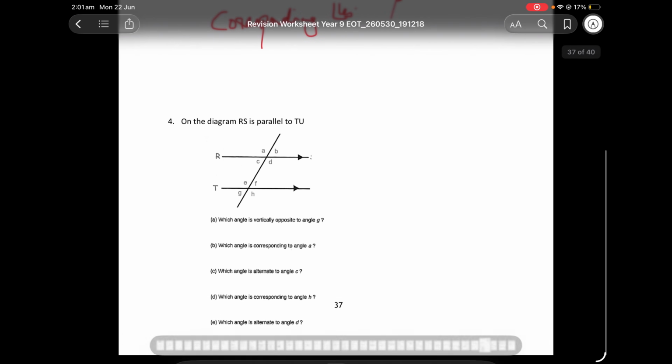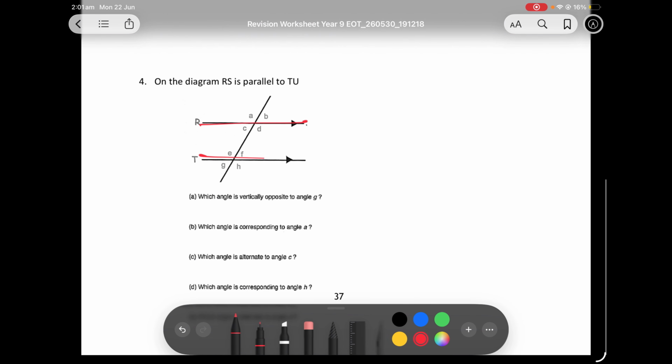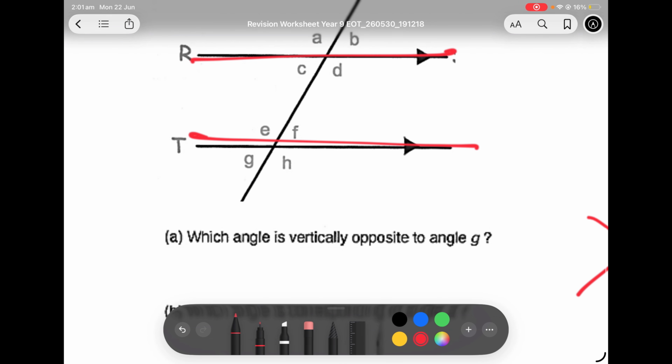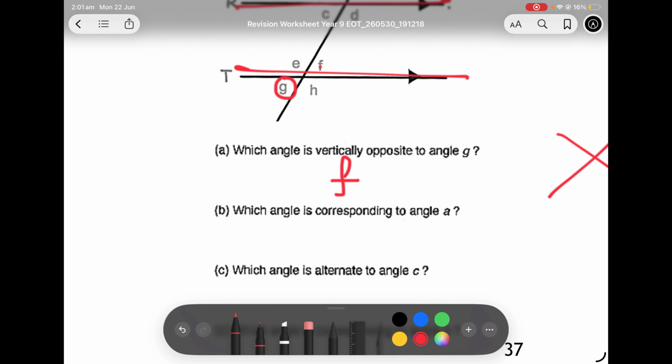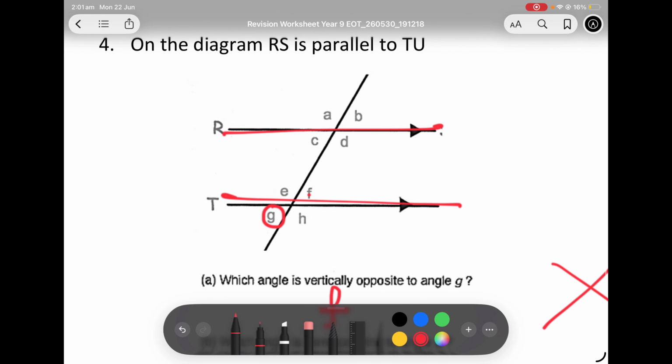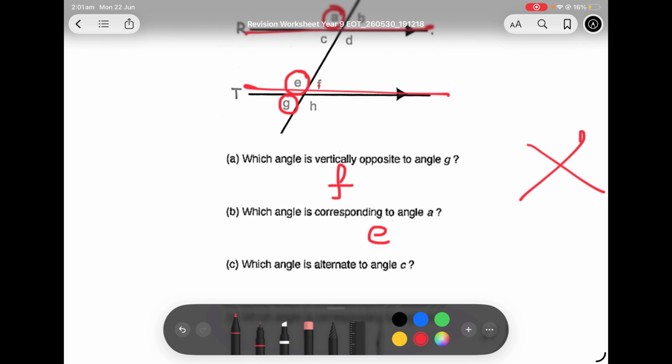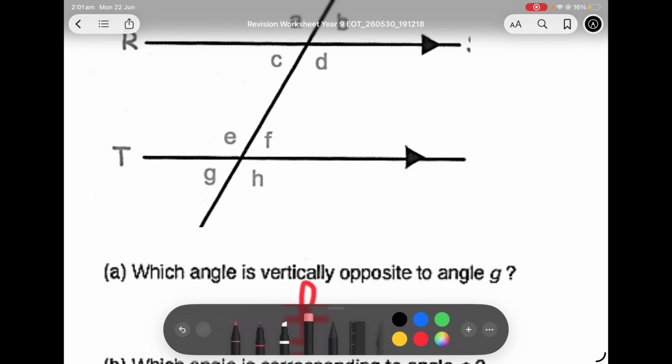Okay, the next question says that on the figure this and this is given, which angle is vertically opposite to G? Vertically opposite means the X angles. Now here, if G is there, then F is the vertically opposite angle. Corresponding angle to A: if A is out, this should be in, so it is E. The alternate interior angle to C: we have the C angle, so we need to find the alternate interior angle here.